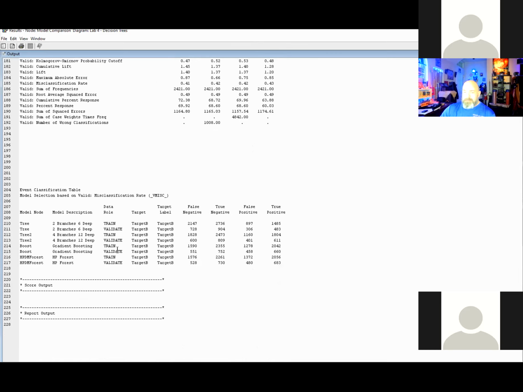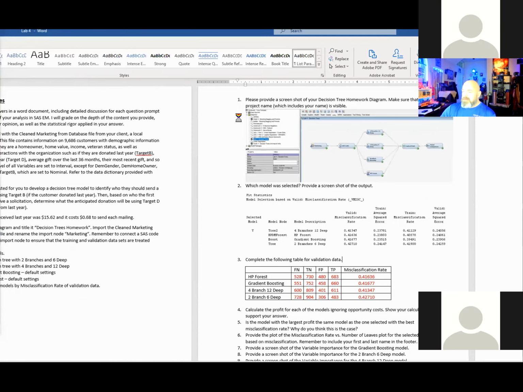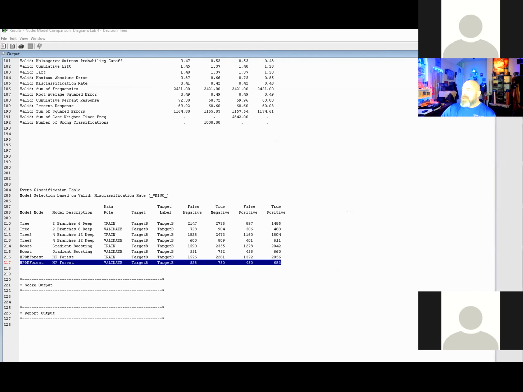And for all 4 of those, for HP Forest, I was looking at the validation data, and I entered in these numbers: 528, 730, 480, and 683. And I'll bring that. Oh, gotta stop doing that.